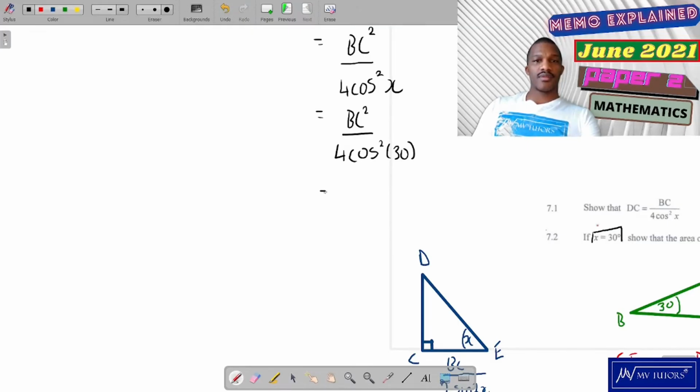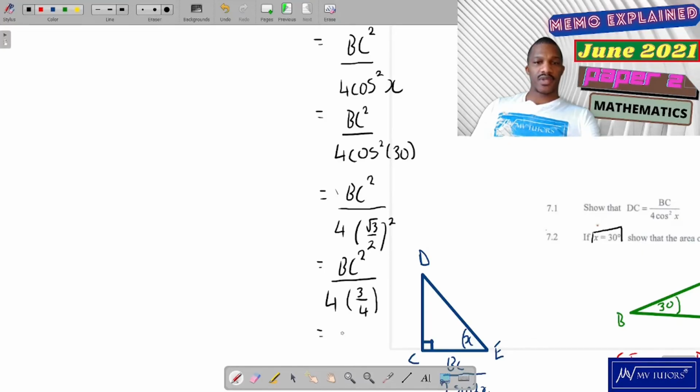So we will say BC squared divided by 4 cos, oh no, but we just figured that out, that cos 30 is actually square root of 3 divided by 2, and it's squared. Eventually we'll have BC squared. Let's simplify it further. We have that 4, square root of 3 squared is just 3, and then 2 squared is 4.